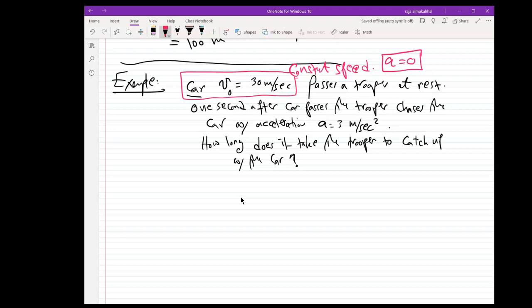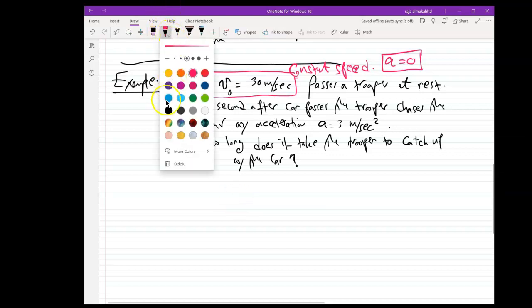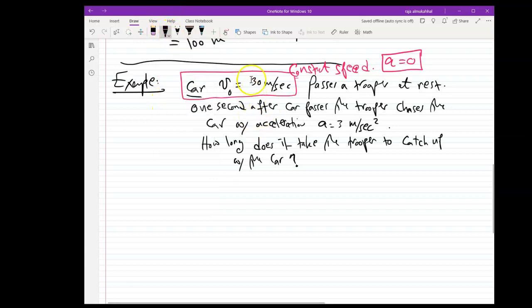We have the car. It passes the trooper with a constant speed of 30 meters per second. After 1 second, the trooper, remember, is at rest. So the trooper chases it with this acceleration, okay?